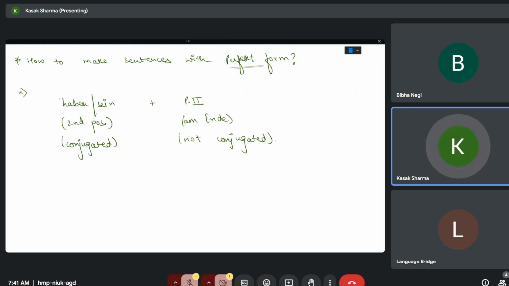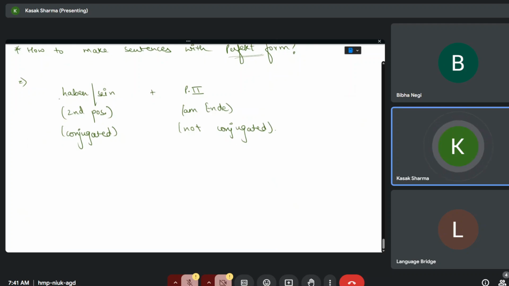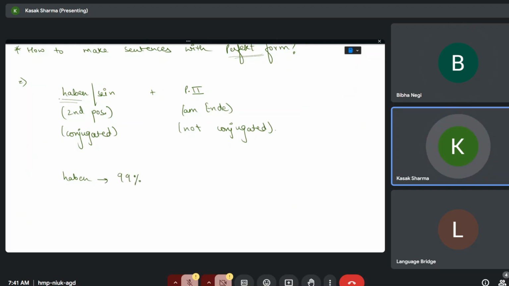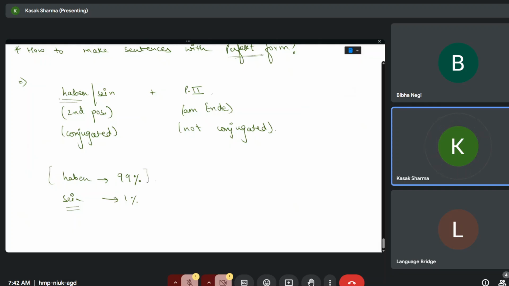Now, how do we know whether haben will come or sein will come? It is fixed. Haben is used about 99% of the time. Only some verbs take sein as the helping verb, and mostly sein is there if there is any movement or any change of position. With that we use sein, or else we only use haben. Understood?